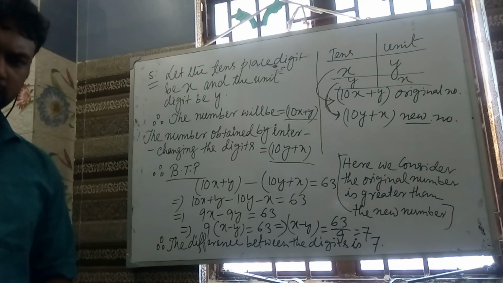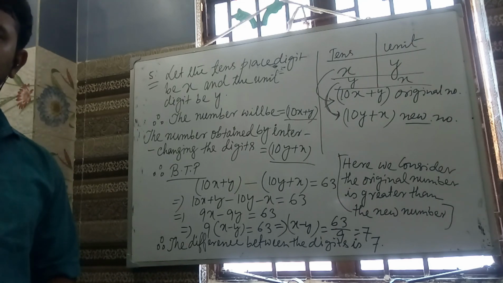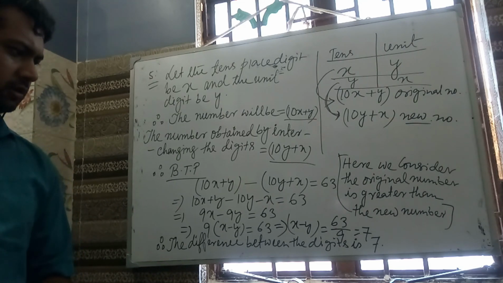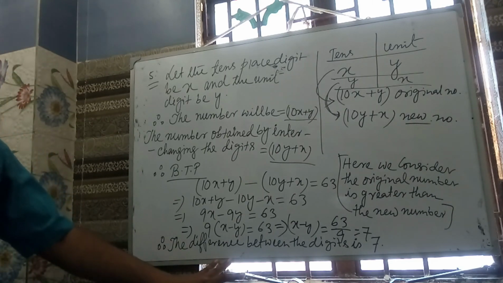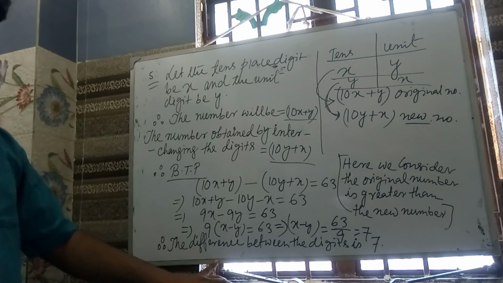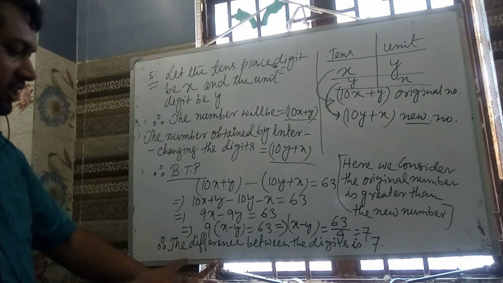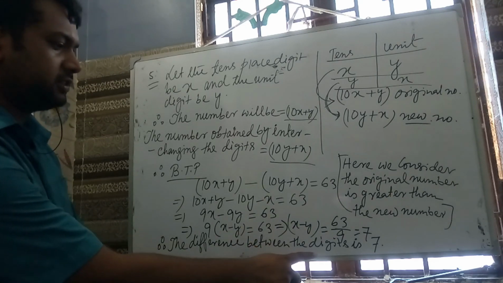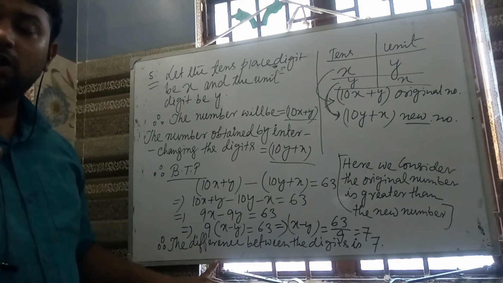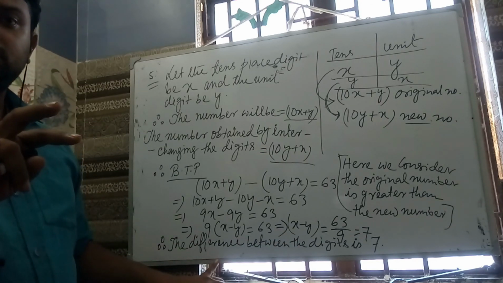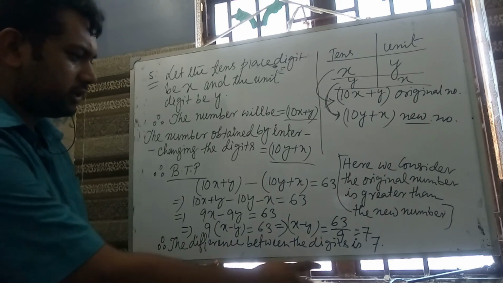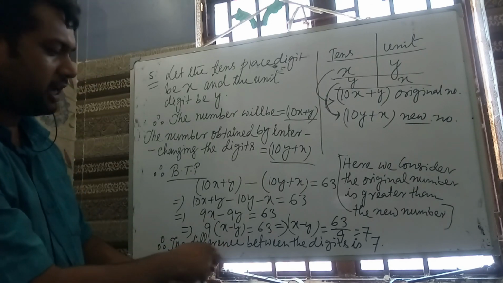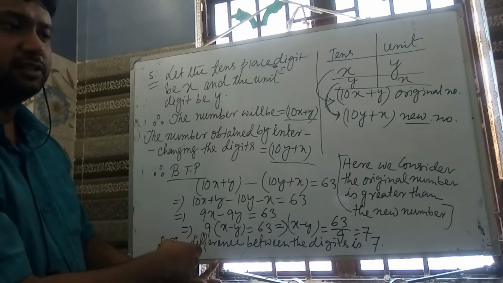Yes? Yes, who is there? No. The difference between the digits. Okay, we are not writing that the digits are. The difference is a singular thing. We are just trying to find out the difference.